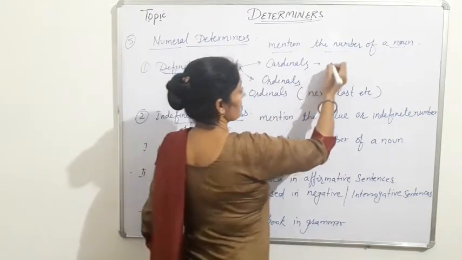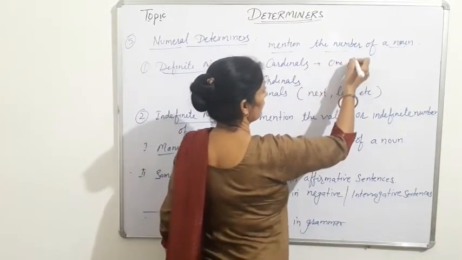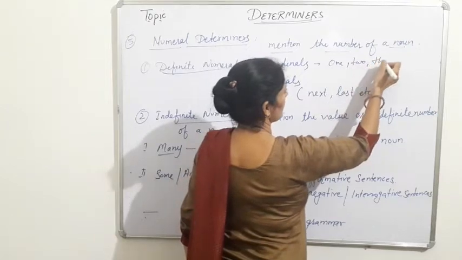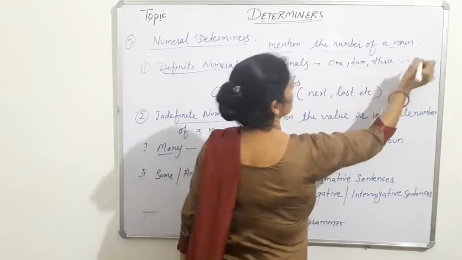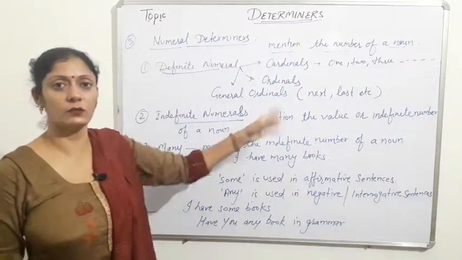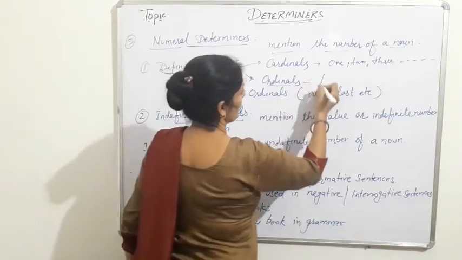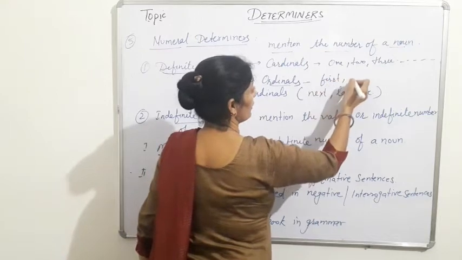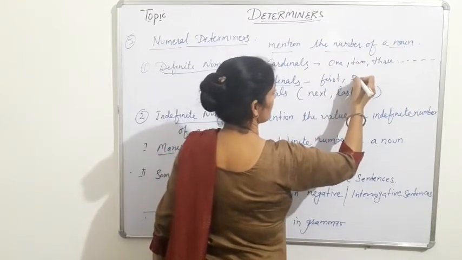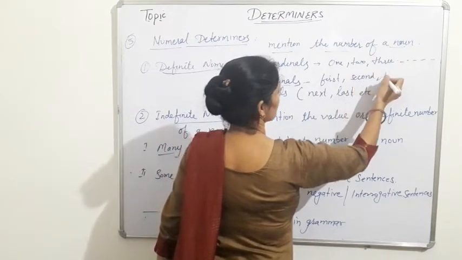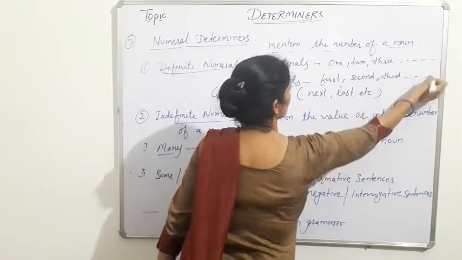Cardinals, for example, 1, 2, 3. All the numbers are here. 1, 2, 3, 500, 1000, lakh, whatever is. Okay. Next is ordinals. It means which tell us about order. First, second, third, like this.